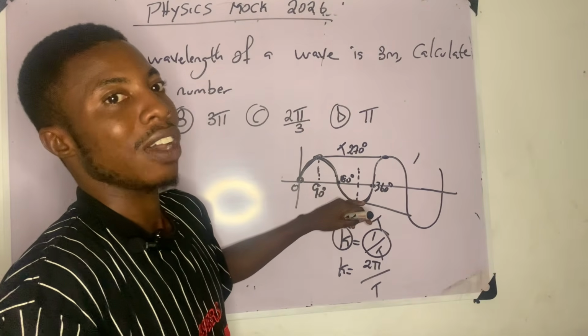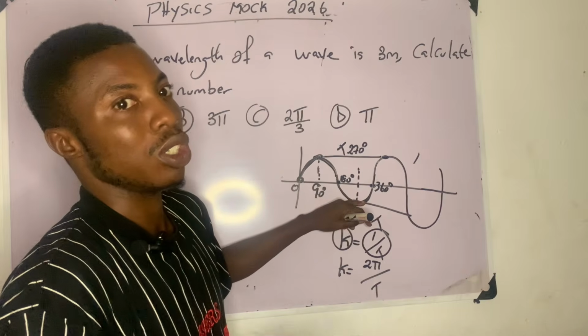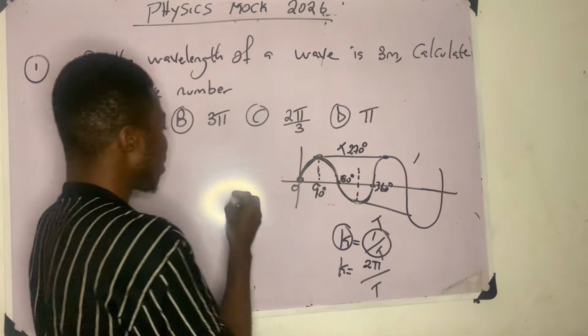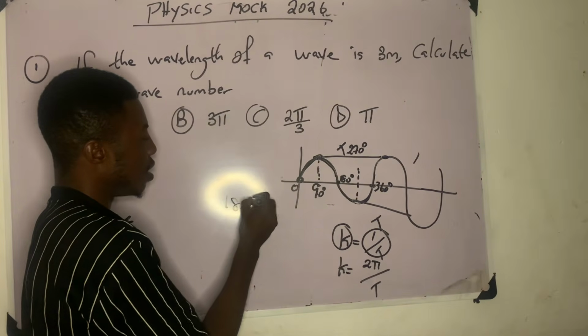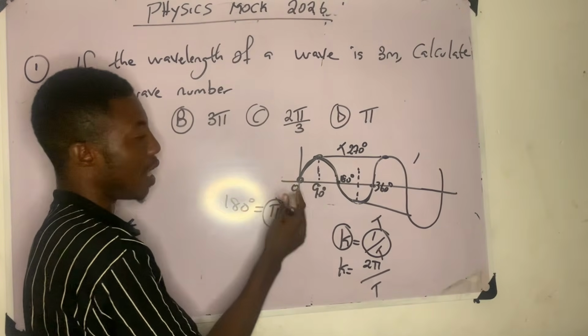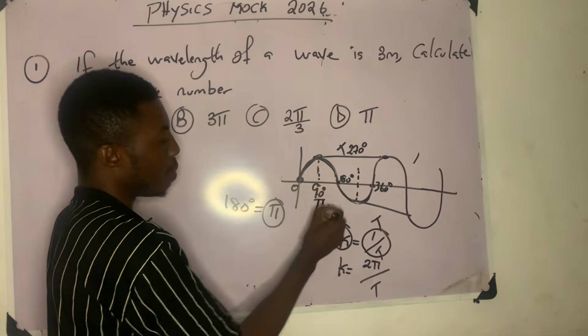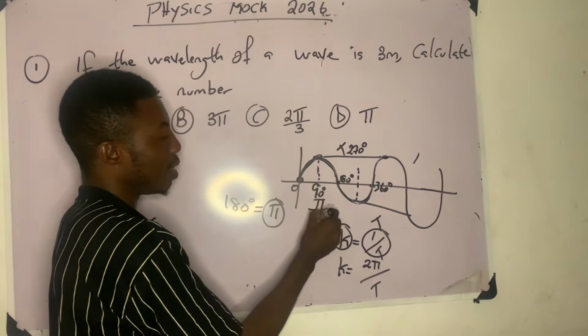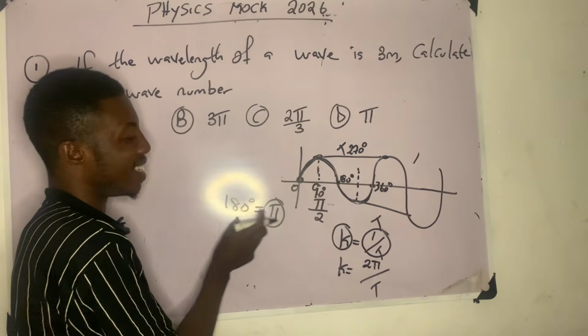Now, some of the questions may not have this in degrees. Some of the questions may have it in radians. That means you're measuring using pi. So if you want to measure this in radians, radians says that 180 degrees is equal to pi. So if I want to replace all these with pi, here will be pi divided by 2, because this is 90, where 180 is pi.